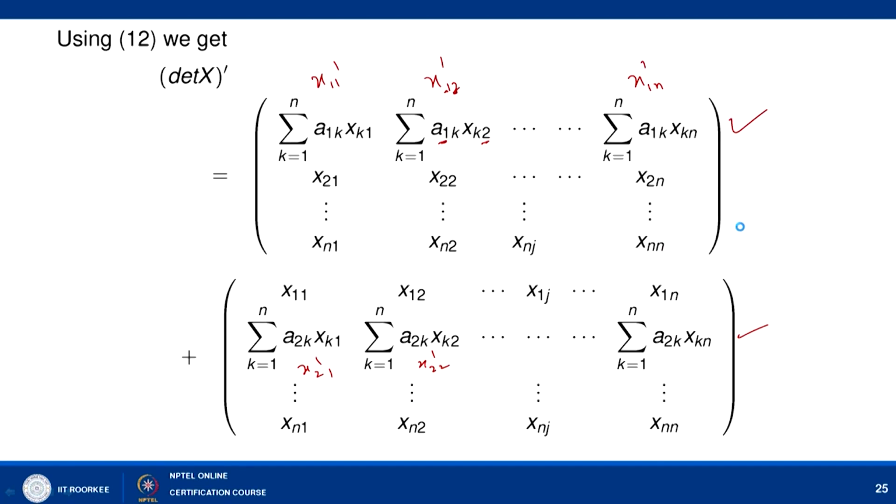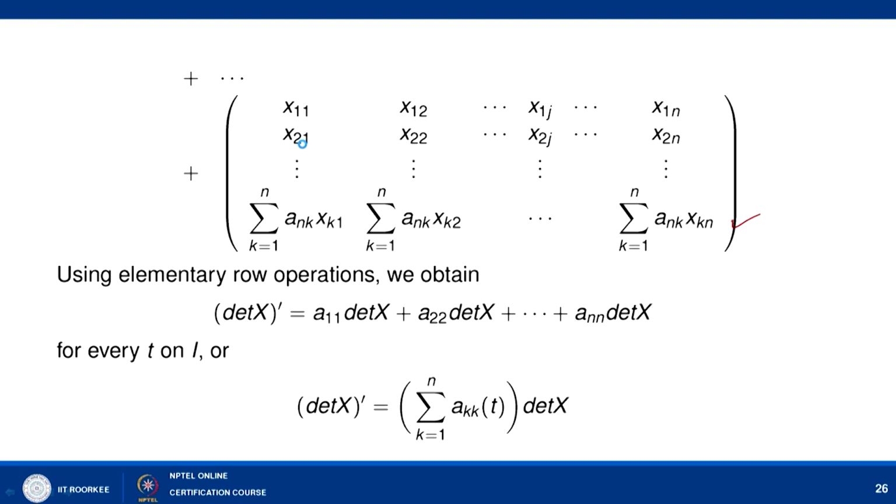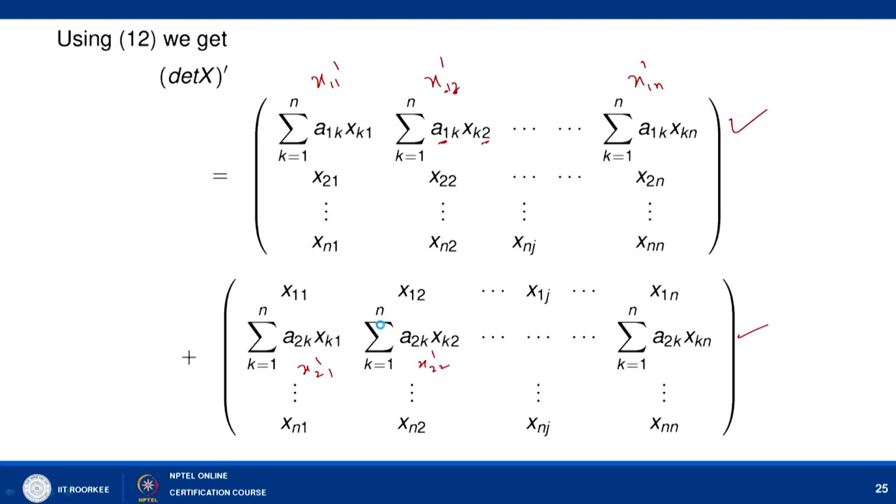Now, if you focus on the first row, then you can simplify this: from the first row, we subtract the second row multiplied by a12, up to the last row multiplied by a1n, and when we subtract, the determinant is unchanged, and in the first row you will get a11 times the determinant of x.